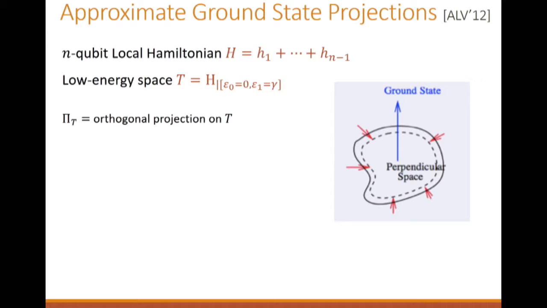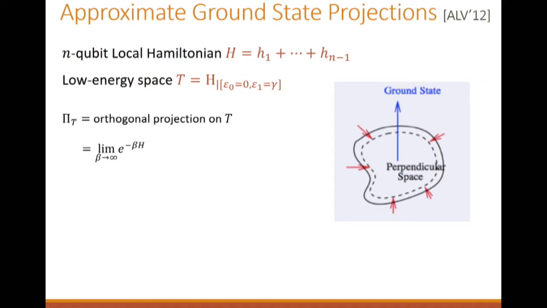That would not be approximate, it would just be ground state projection. There's a picture there in case the ground state is unique: you're trying to find a projection that shrinks anything that's orthogonal to the ground state, because you don't care about that stuff, but that preserves the ground state.